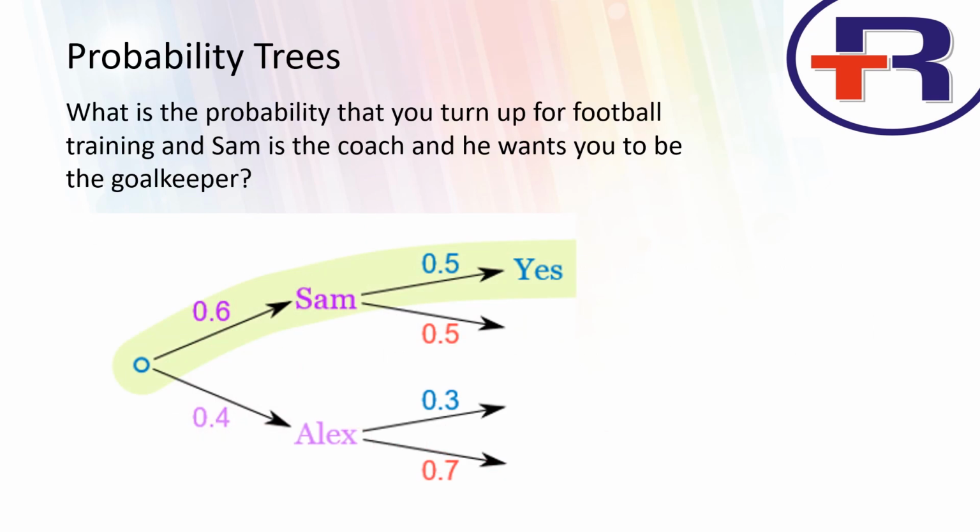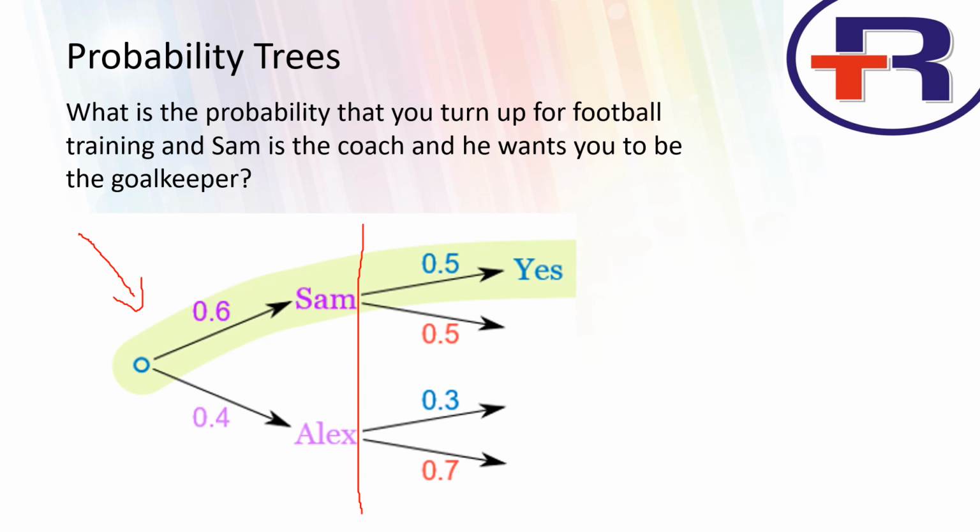The other thing we need to be aware of with probability are probability trees. You would normally get just 2 branches to the tree in this example here. And as you can see, from each event, so this is the first event, Sam and Alex. Imagine you've turned up to football training and there's two coaches, one is Sam, one is Alex.